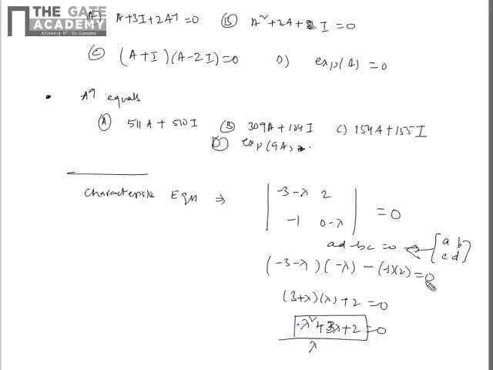Here actually I have written A square plus 2A, but it's actually A square plus 3A. So let me write it clearly: A square plus 3A plus 2I is equal to 0.